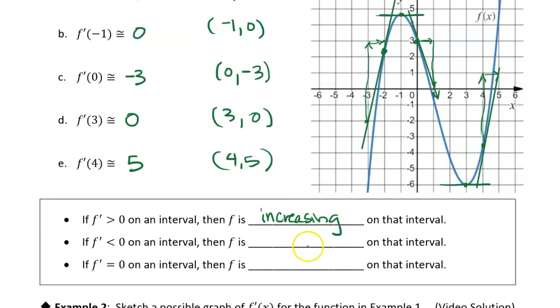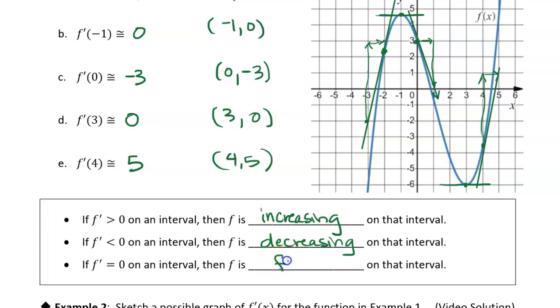If f prime is negative, less than 0 on an interval, that's a negative slope. The slope of the tangent line is negative, so f is decreasing on that interval.